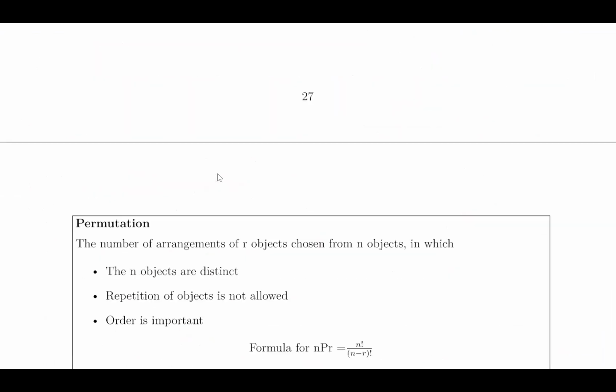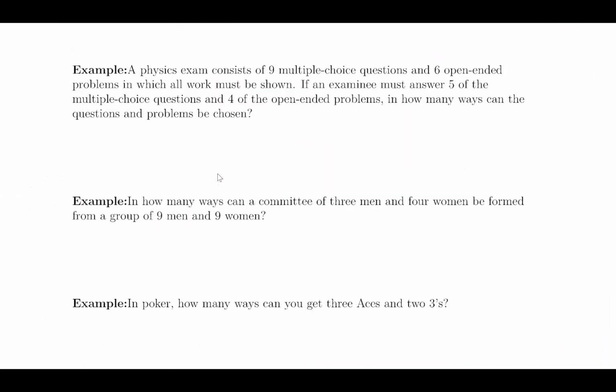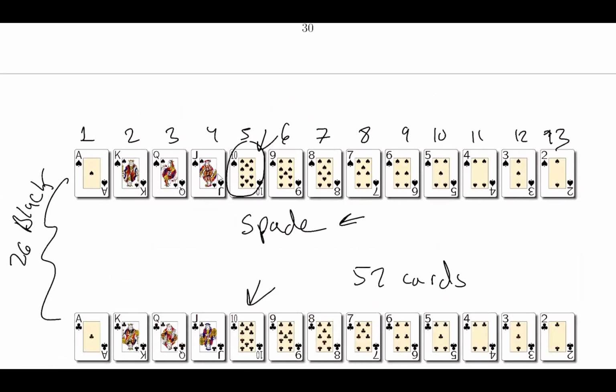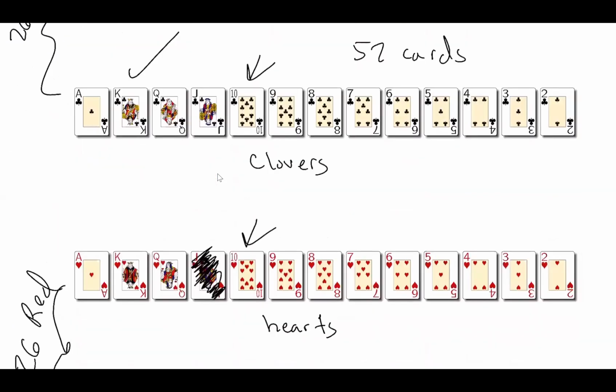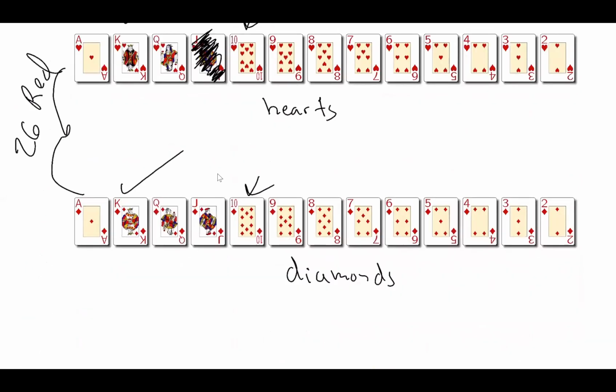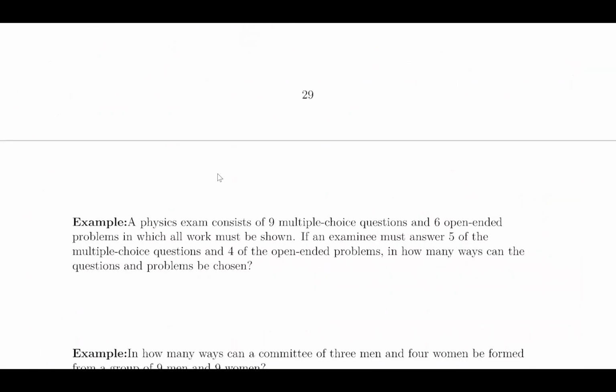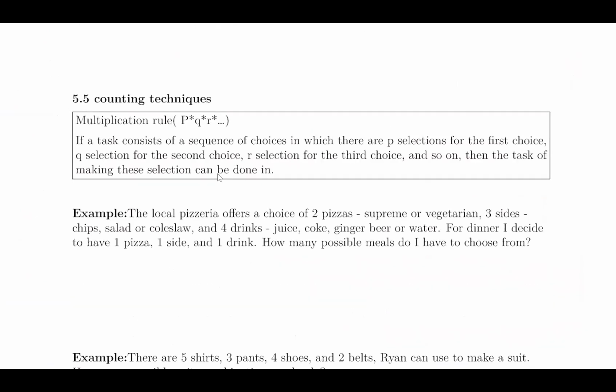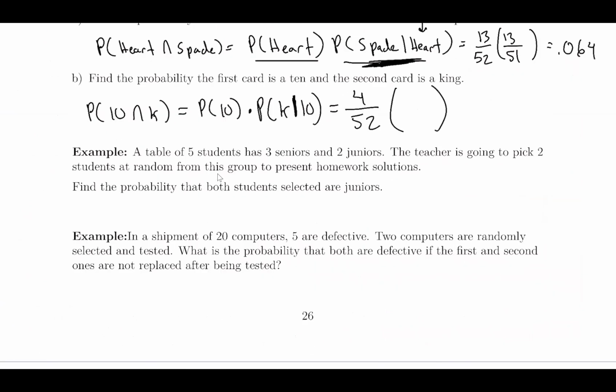Seeing that the first one was a 10 really doesn't affect us. So we're going to look and see how many kings we have. Say by chance we selected the 10 of spades. That doesn't affect us from getting a king of spades, a king of clubs, a king of hearts, or a king of diamonds. So we still have 4 kings. If I had said the first card was a king, and the second card a king, now that would affect it. So you get 4 out of 51.